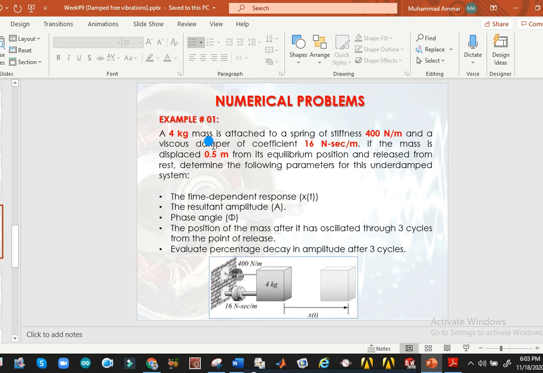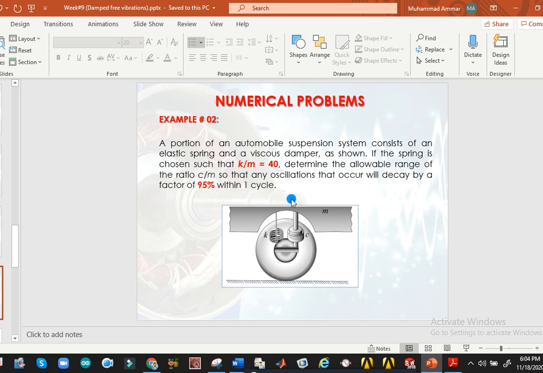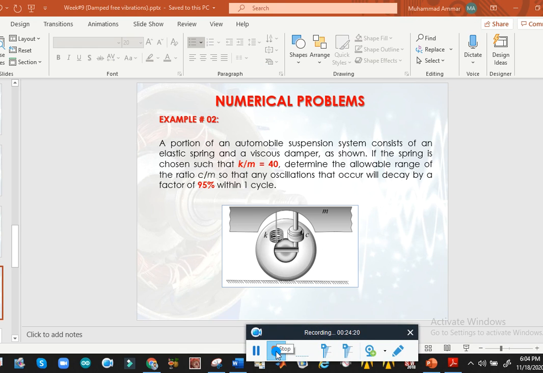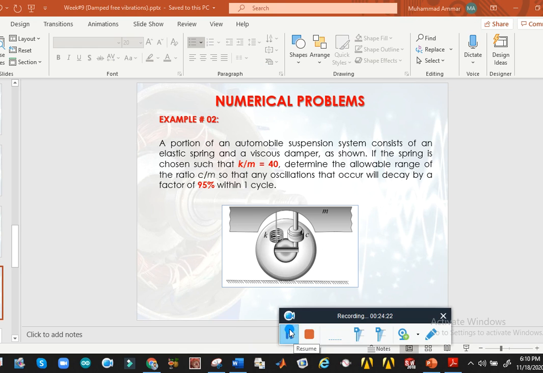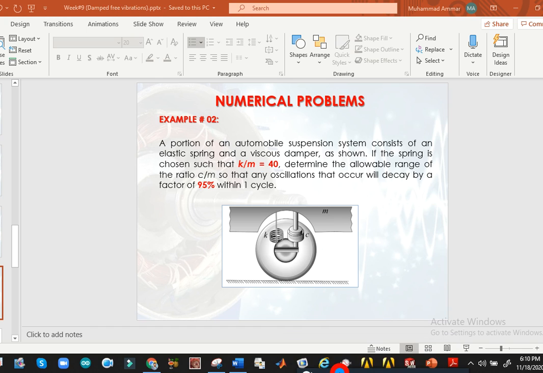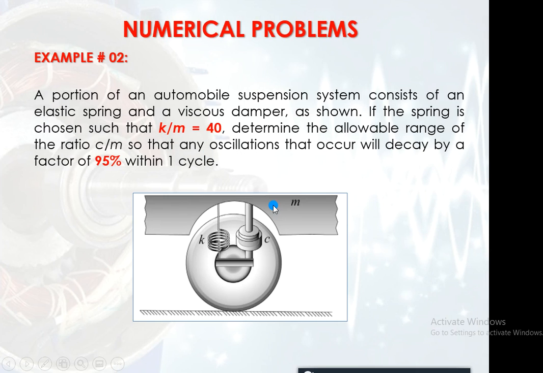Now we will go for the next example, that is example number 2. This is our second numerical, from the vehicle suspension.